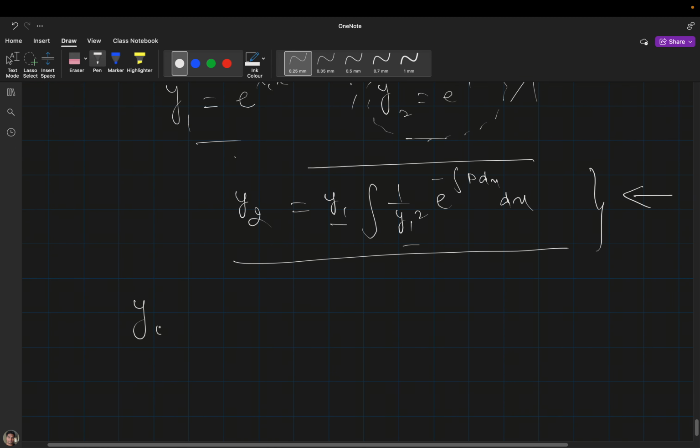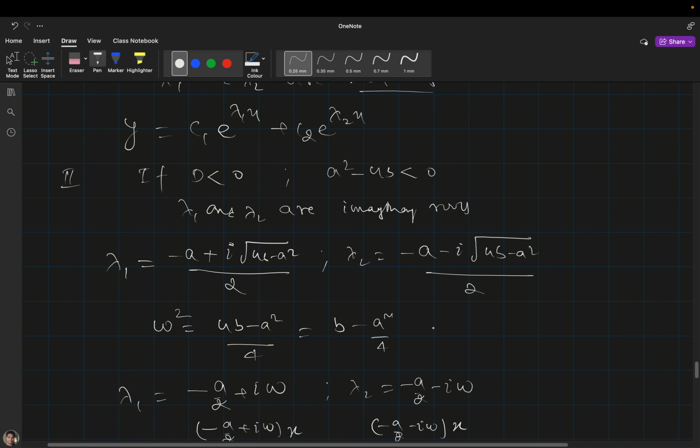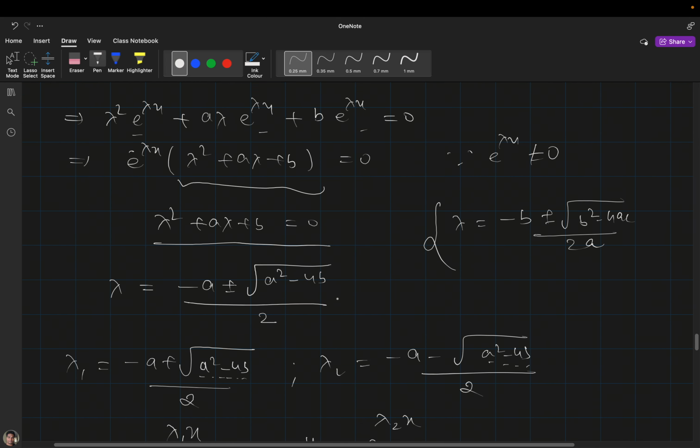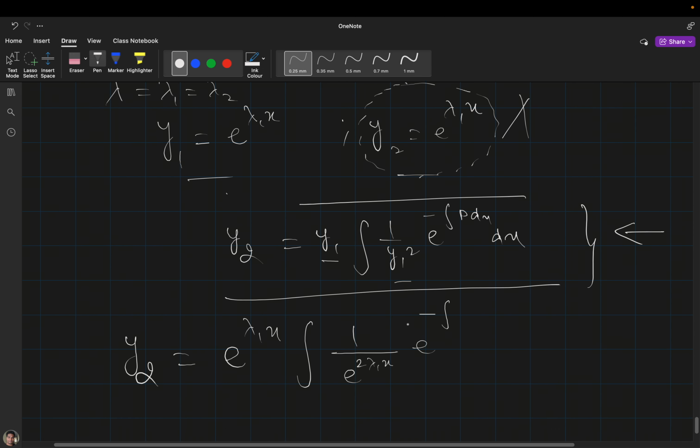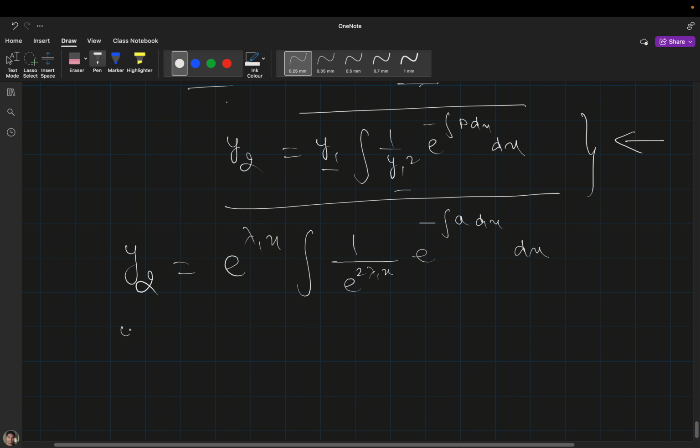Okay. So y2 will be e raised to the power lambda 1 x integral 1 divided by y1 square, which means e raised to the power 2 lambda 1 x, e raised to the power minus integral of p dx. And what is p in this case? p is nothing but a.